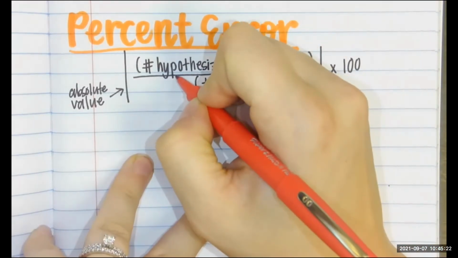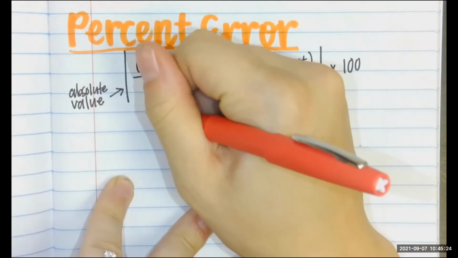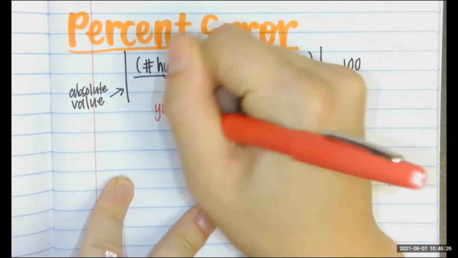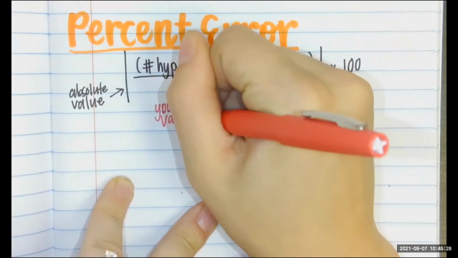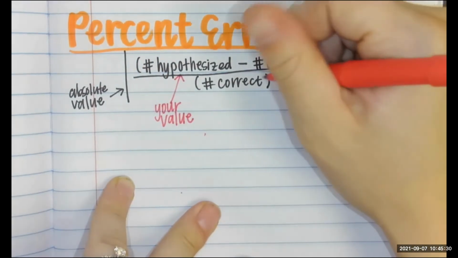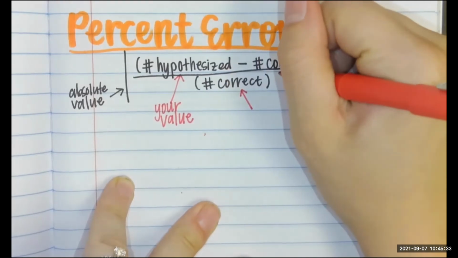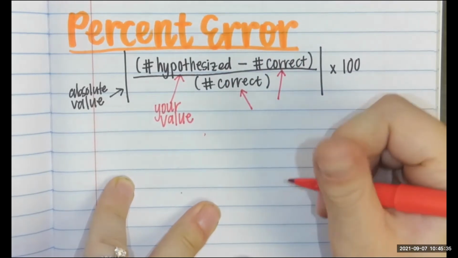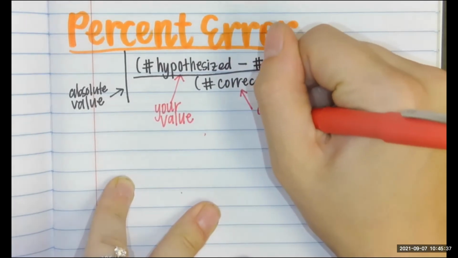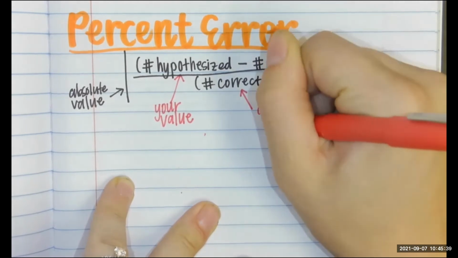The hypothesized value is going to be what your value is, like what you are predicting or measuring. And the correct value is going to be the actual value that happens.